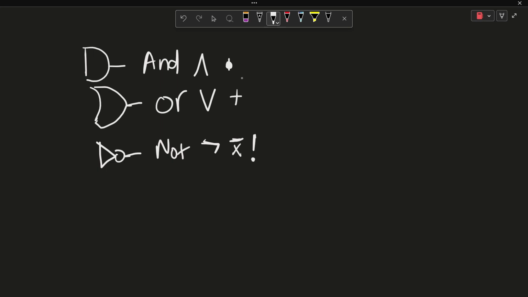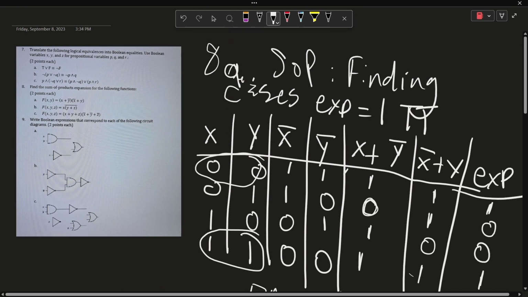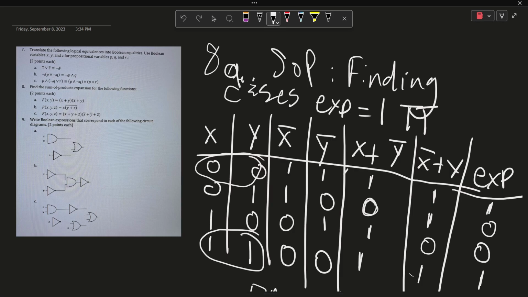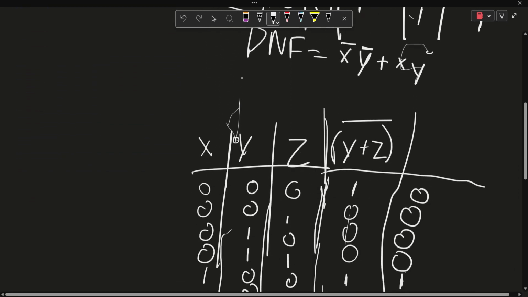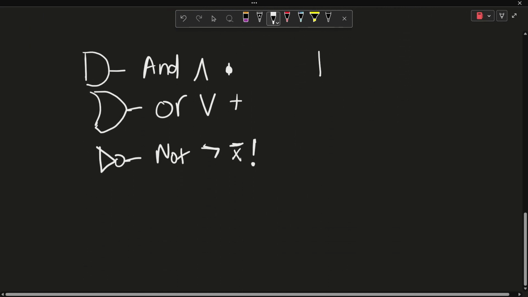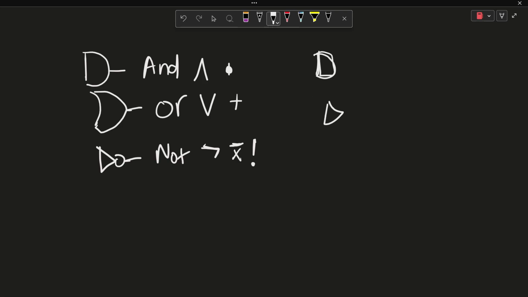But really, what you do in this problem is you just follow the lines. So that first one is an AND gate, a NOT gate down here, and they both go into an OR gate. So it's x, y, z.